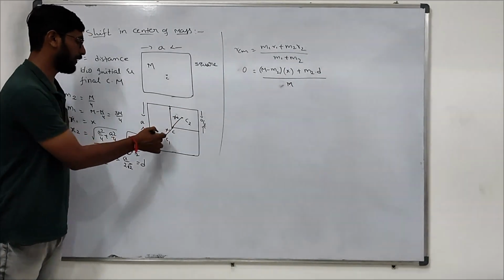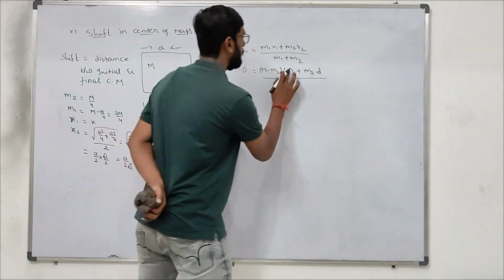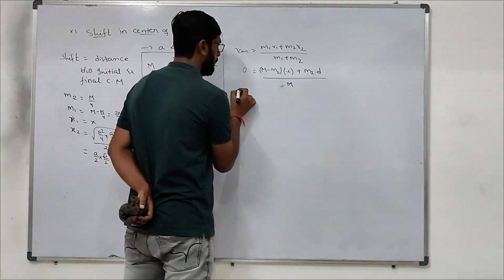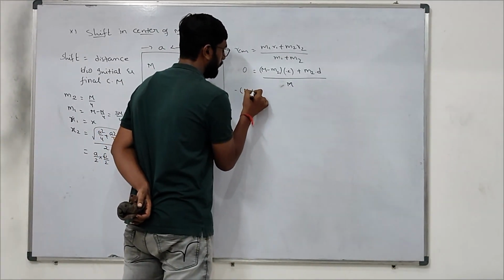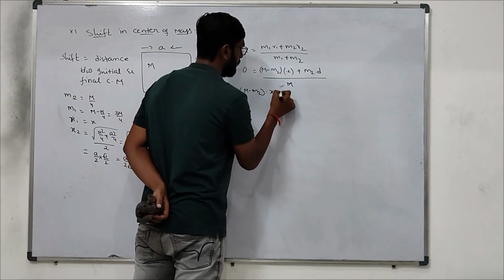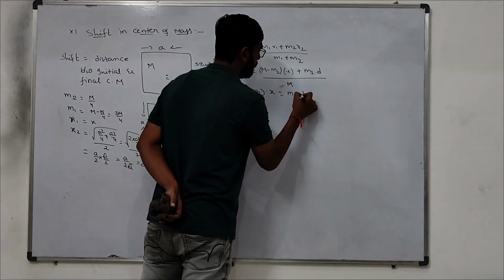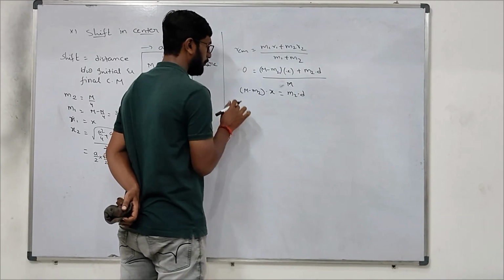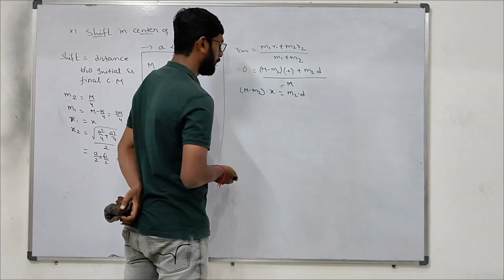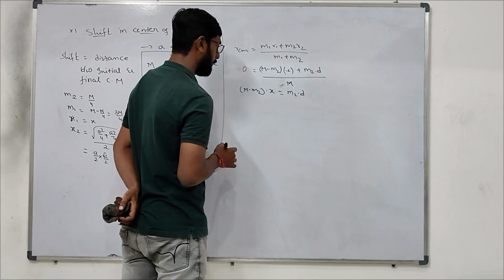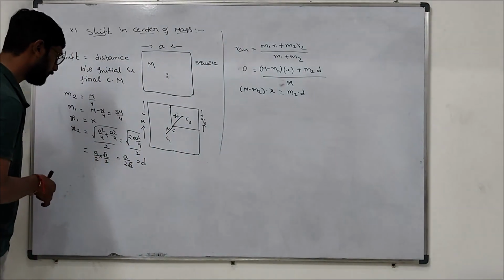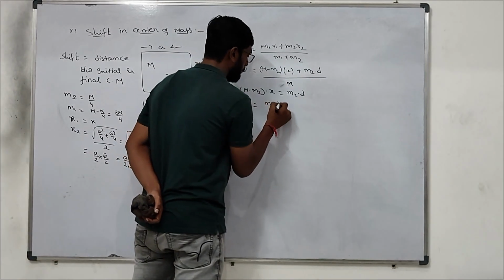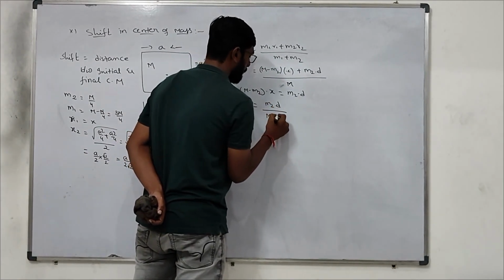This is positive, this will be negative. Which one? Minus x. So here, minus of (M minus M2) into x equals M2 into d. So we bring this to the other side, so the negative sign will not be there. We need to find x or d. X only we need to find, right? So x equals M2 by (M minus M2), into d.